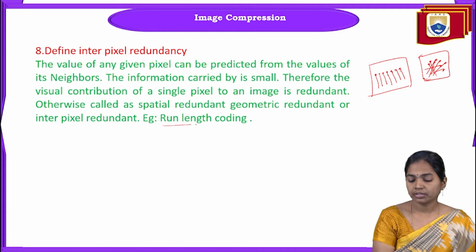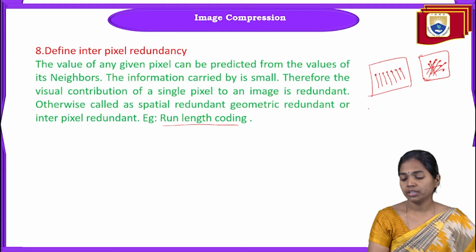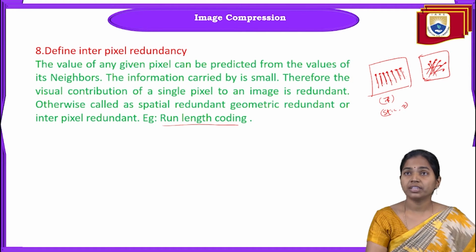Example, run length coding. In this image, all sticks are arranged in the same manner. So here 1, 2, 3, 4, 5, 6, 7. So 7 sticks arranged in the same manner. So here we are representing sticks comma 7. Each and every stick has its own gray level. All sticks are the same gray level.